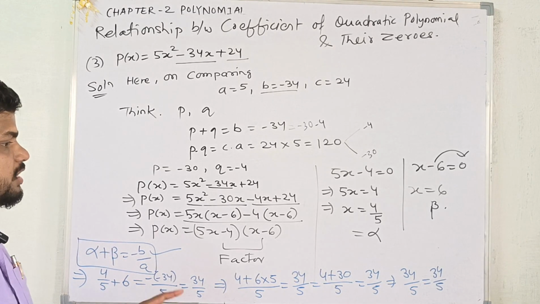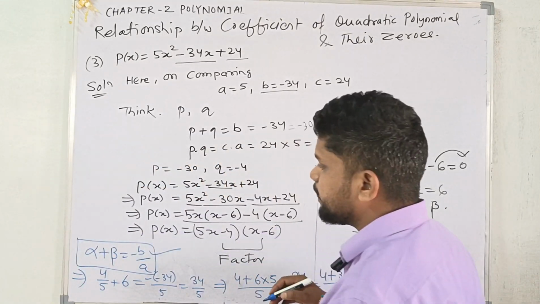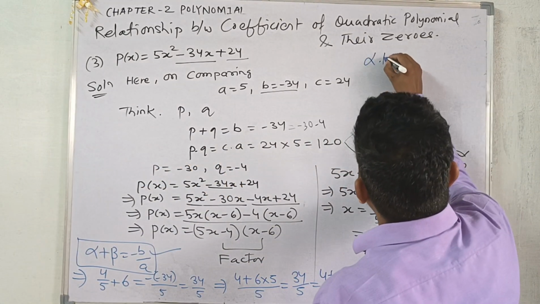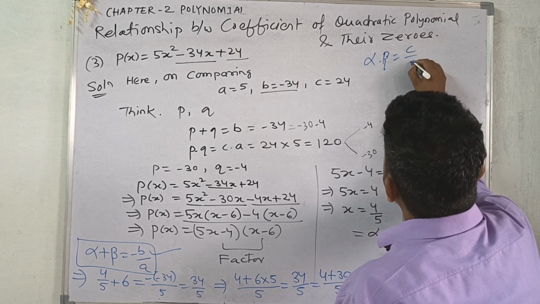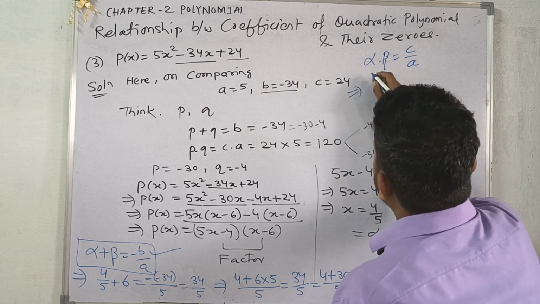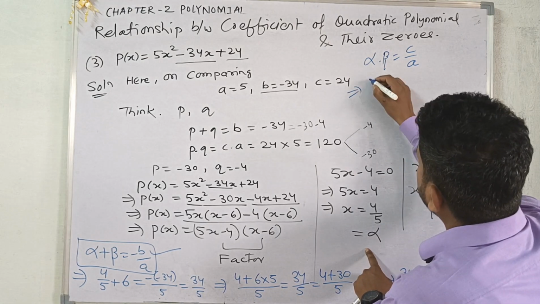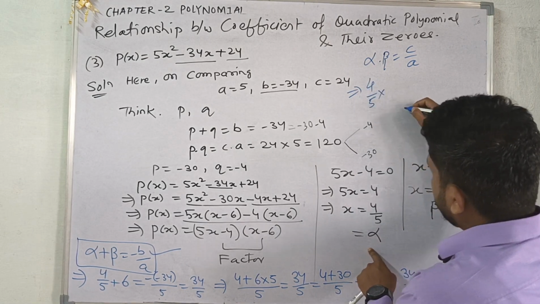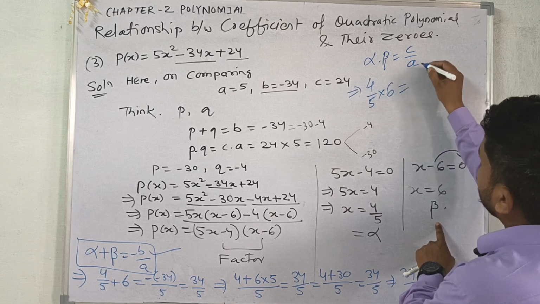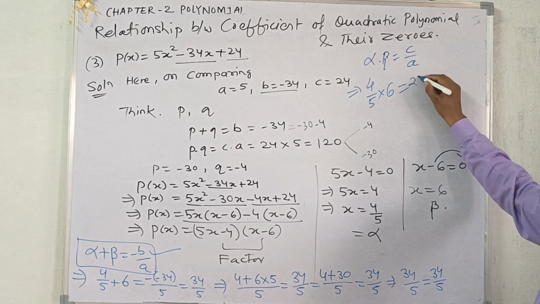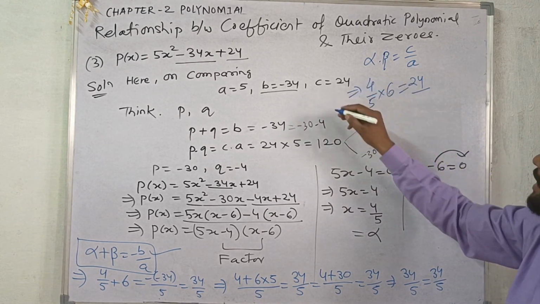Now we aim to verify the second condition, that is alpha dot beta, which should be equal to c by a. Here the value of alpha is 4 by 5 and the value of beta is 6. That should be equal to c by a. The value of c is 24 and the value of a is 5.